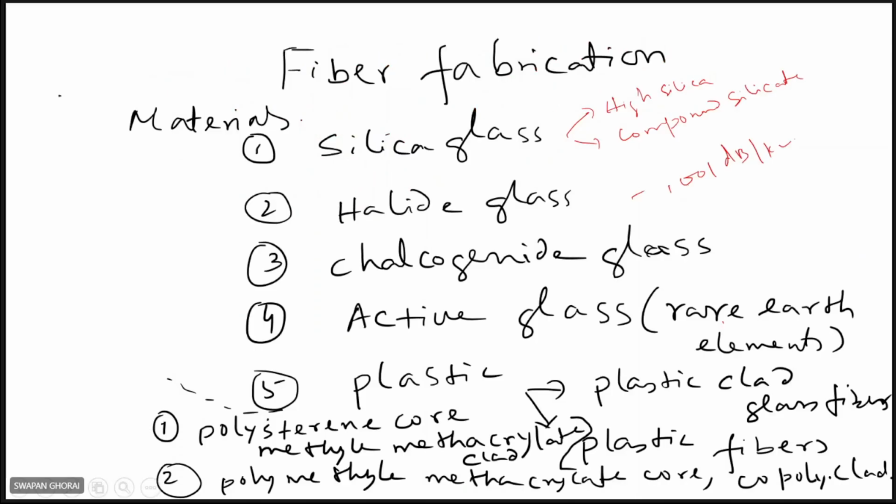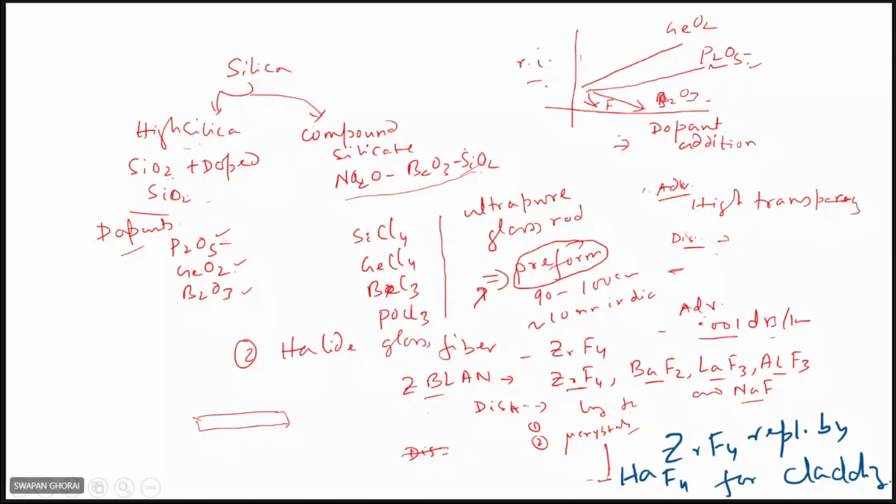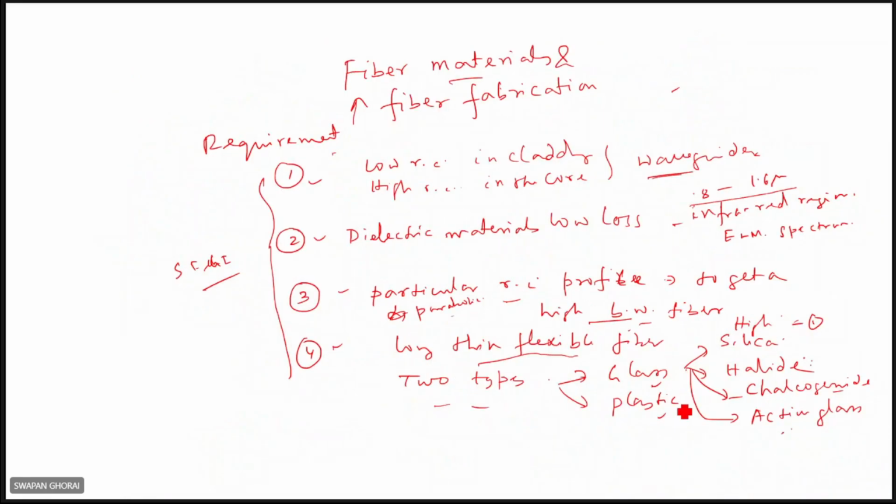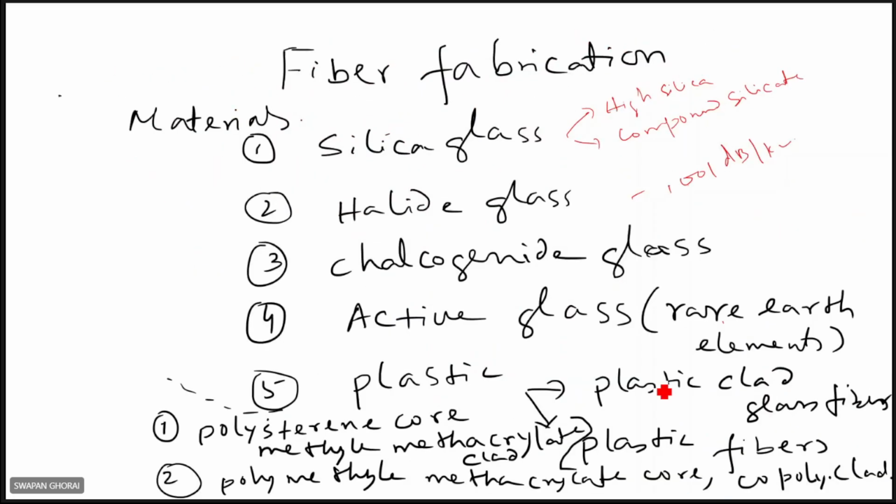Another is the plastic fibers. I told you, active glass, plastic, glass, plastic. These are the glass fibers; there are four types of glass we have seen. Next is the plastic fibers. It can be plastic clad glass fiber, or it can be simple all-plastic fiber, where core and clad both are plastic.